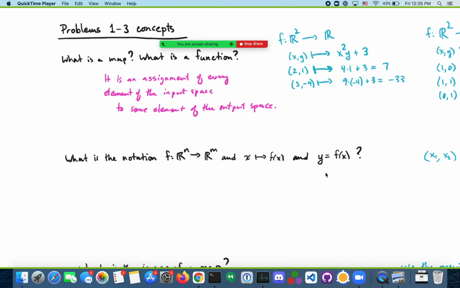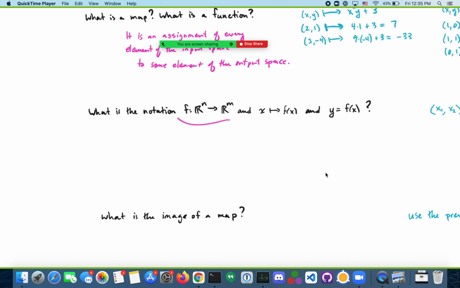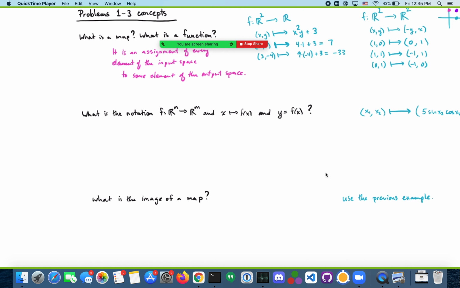Okay, second question. What is the notation f: Rn → Rm? Also, x maps to f of x, y equals f of x. First we'll do some examples.